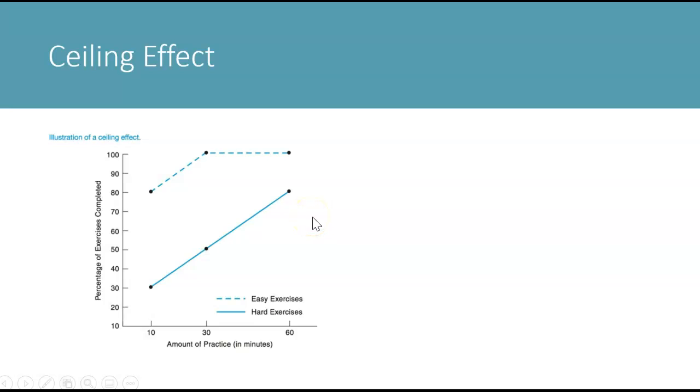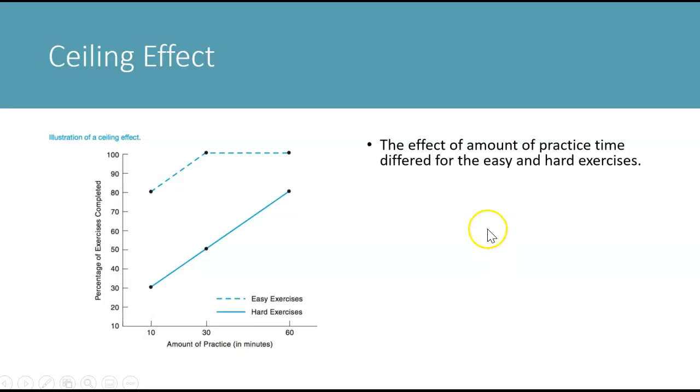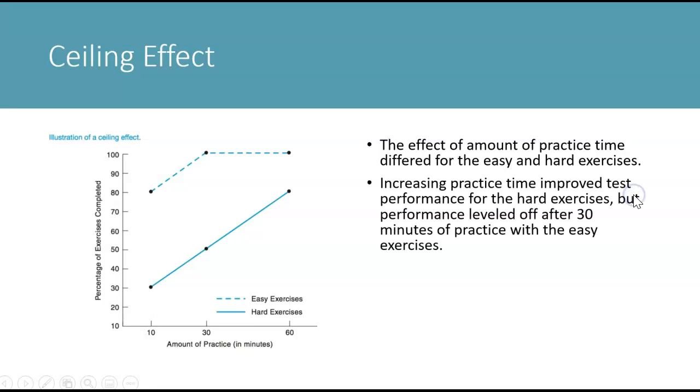But the measure itself doesn't go any higher than 100%. So what you see here, the effect of the amount of practice time, eventually ceilings out for the easy task in comparison to the hard task. And that makes the appearance of an interaction when there isn't one.